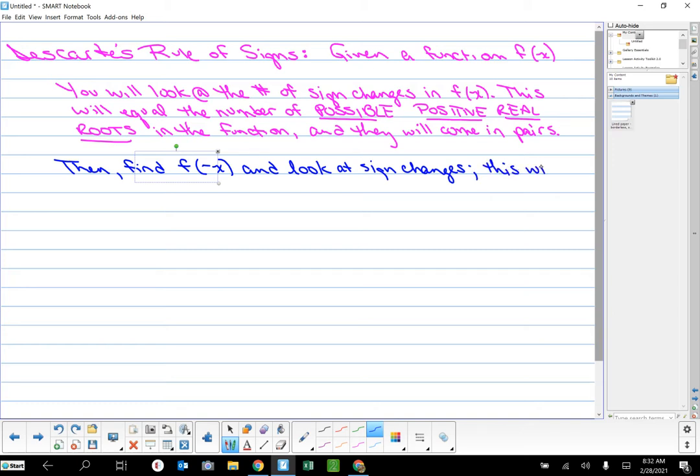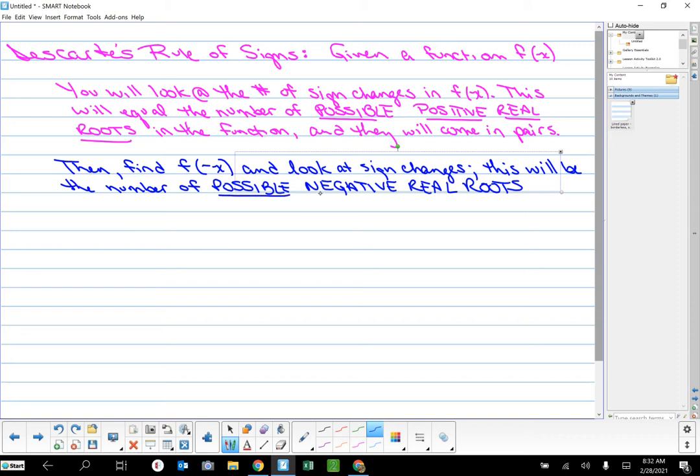This will be the number of possible negative real roots, and these will decrease in pairs.